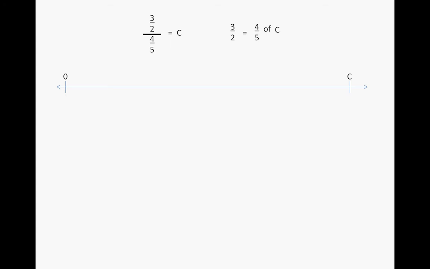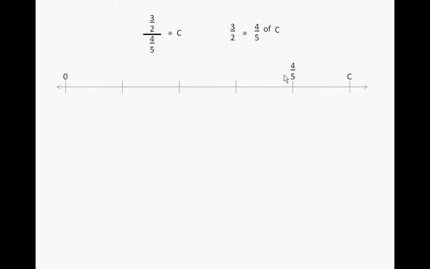So when we design our number line, c is now our new unit. Since we have one c, that is going to be our unit 1. So I start with 0 to c. Now remember, I need 4/5 of c, so I need to partition this so that I can show that here is 4/5. If this is c, then this would be 4/5 of c.